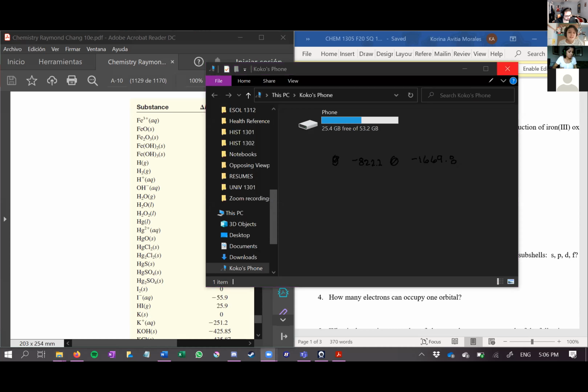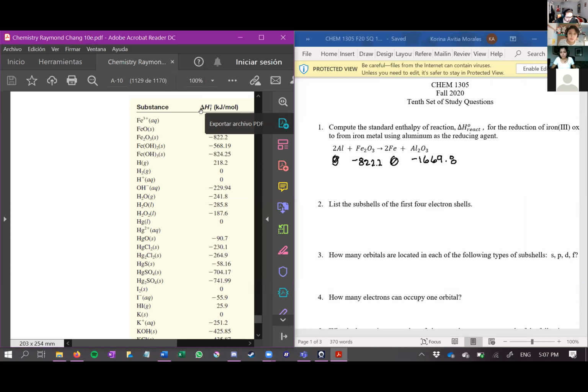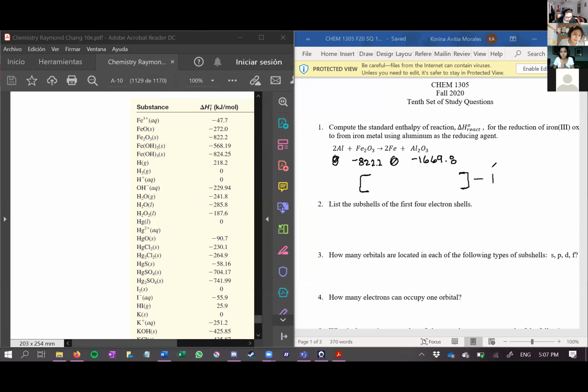So it'll be the sum of the enthalpies of the products minus the sum of the enthalpies of the reactants times what? Moles? Times the moles, right? Or their coefficient.